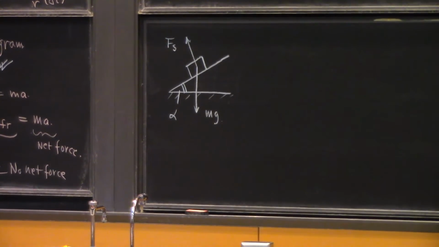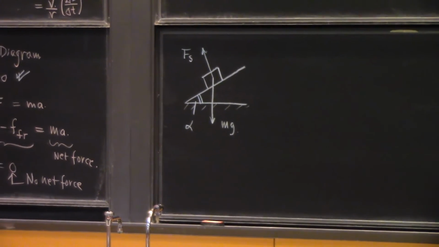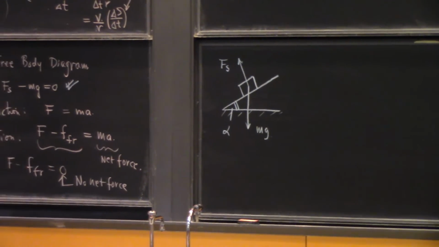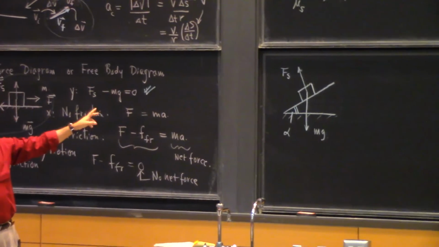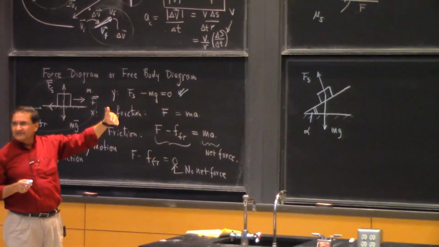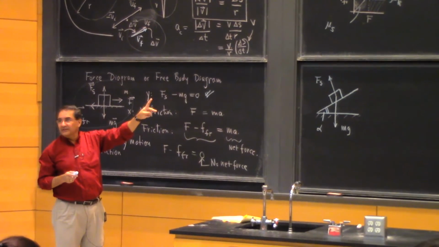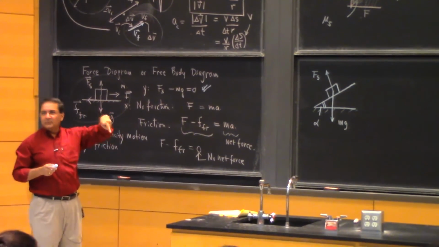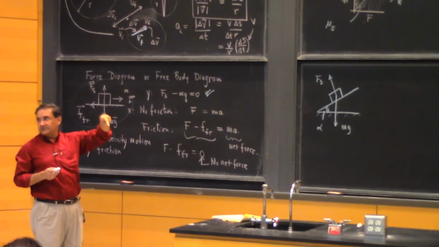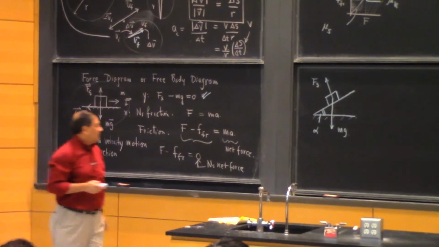Okay, it's very important. A lot of students tend to have trouble here, so I'm warning you ahead of time. When you have an inclined plane, it is not convenient for us to use x and y as horizontal and vertical anymore. You see, I can make my x and y any direction I want for convenience. It's a convenience thing. So you've got to be smart about it.